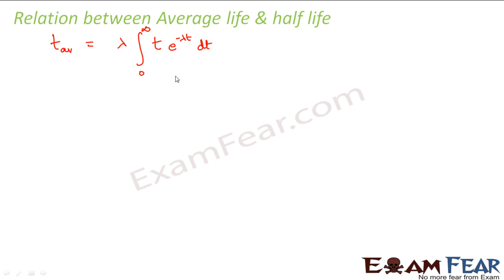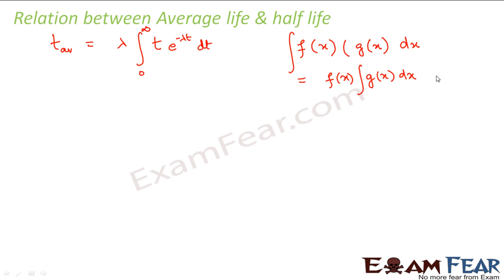So now we will be using the product rule of integration in order to solve this integration, which you are already aware of from your mathematics classes. So the product rule says that integration of f(x) g(x) dx will be equal to f(x) integration of g(x) dx minus integration of integration of g(x) dx into f dash x dx.